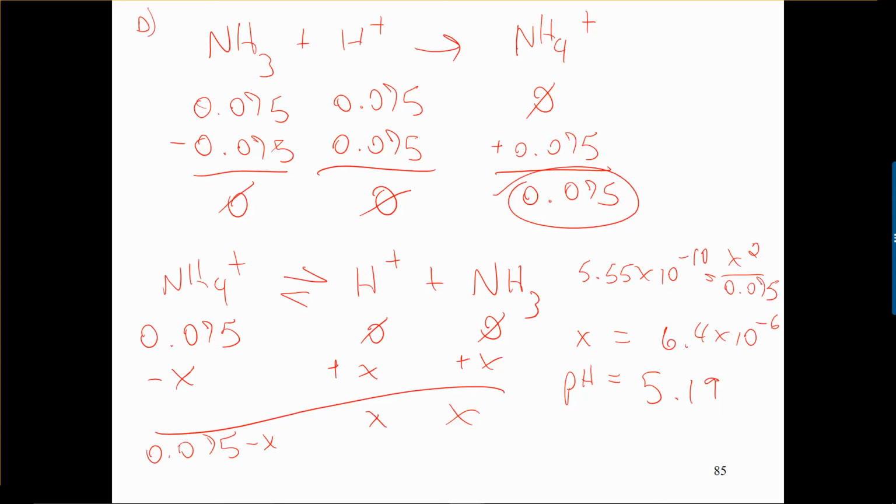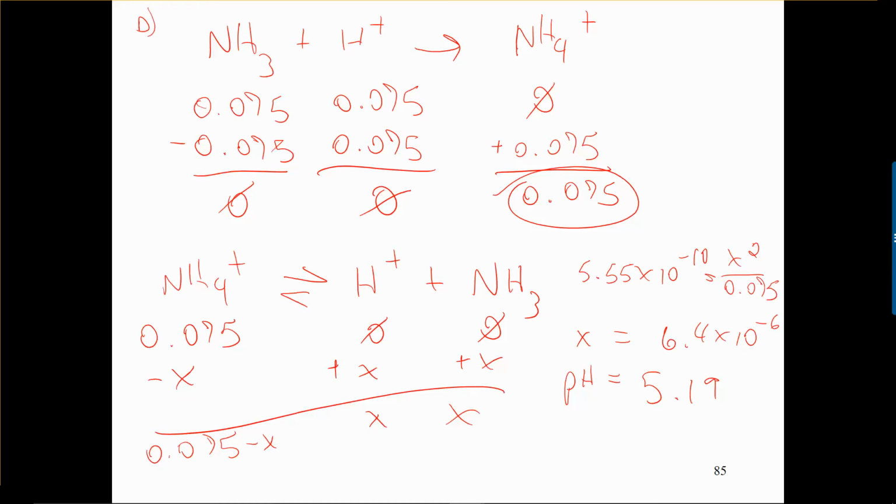Okay, so we have a pH. So what is the pH at the equivalence point of 10 milliliters of a 0.3 molar NH3 solution? The pH at that equivalence point would be 5.19.